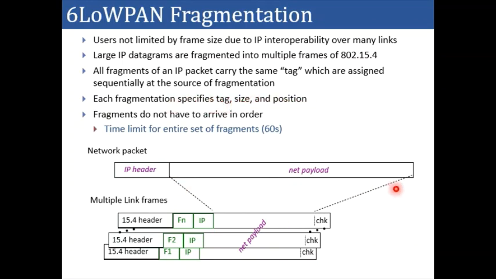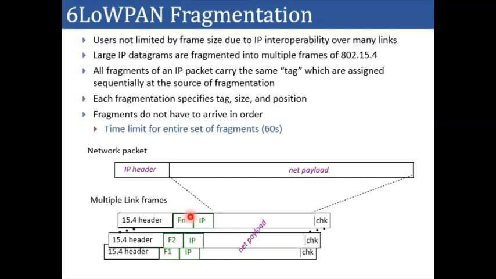The network packet data payload will be fragmented into multiple 802.15.4 link frames where you can link the various fragments so that you can stabilize the connectivity when you want to reconstruct the network packet. In this case, the fragments do not have to arrive in order.